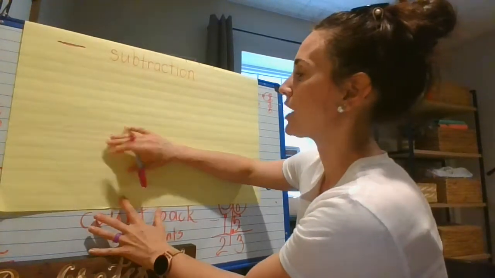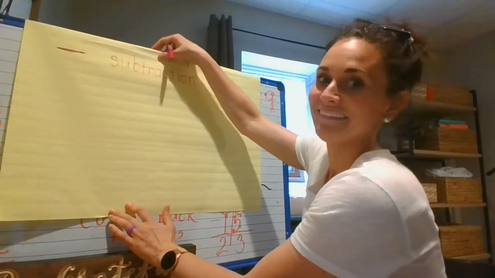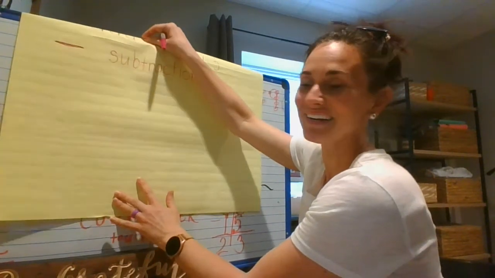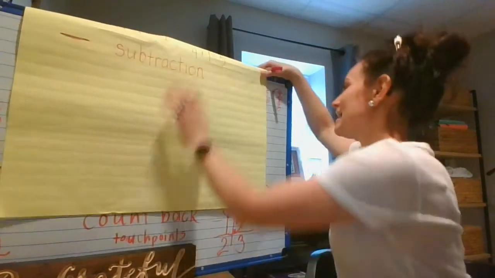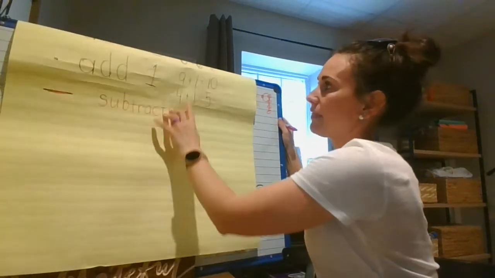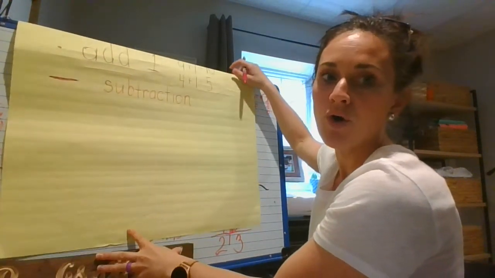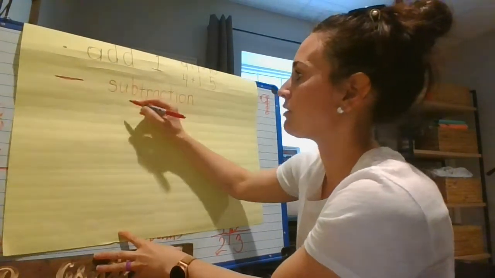Subtraction, if we practice subtraction, we might, let me lower this a little bit. I know, the whole thing's probably going to come down again. What's happening back there? Oh, it's stuck on the back, that's why. Okay, so when we practice subtraction, I'm going to write down take away.